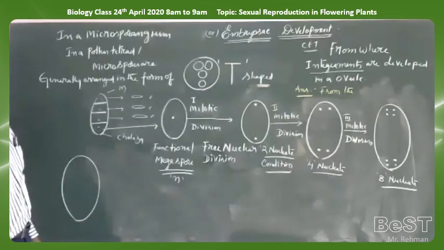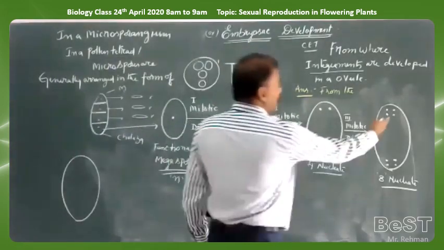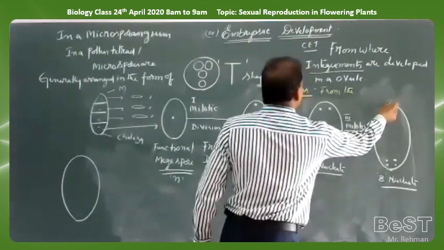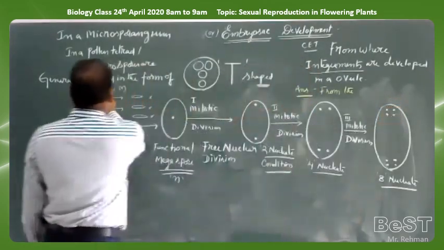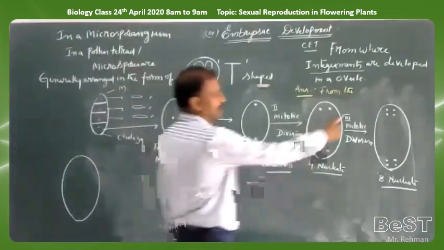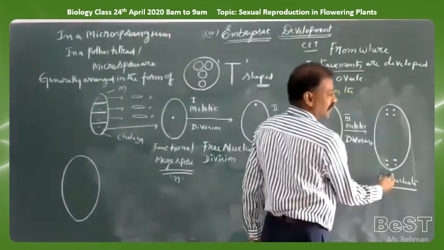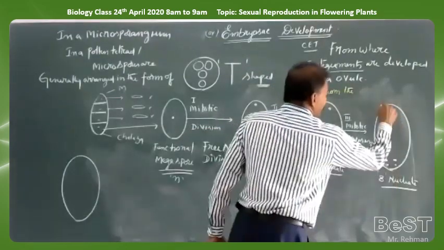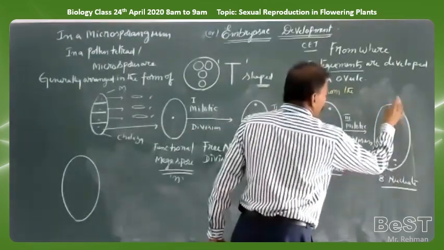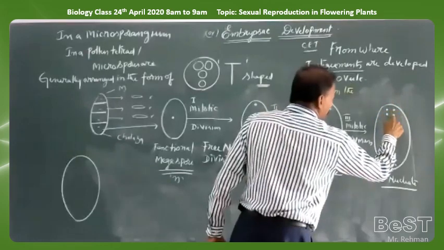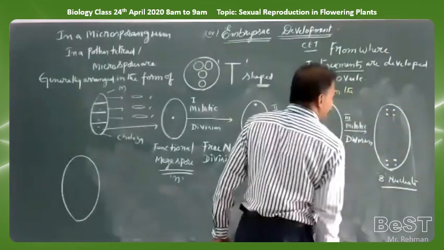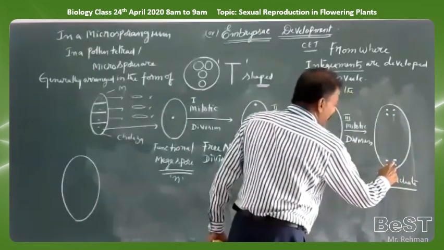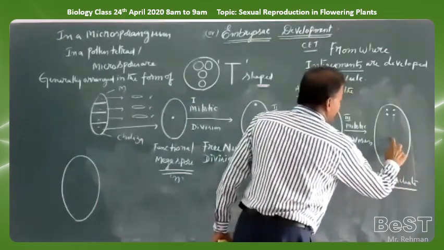How? Out of the 4 nuclei at one pole, the upper pole, which is towards the micropyle, and the lower pole towards the chalaza, 1 nucleus from the upper pole comes to the center, and 1 nucleus from the lower pole comes to the center.